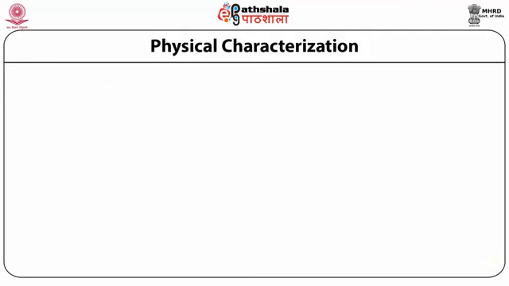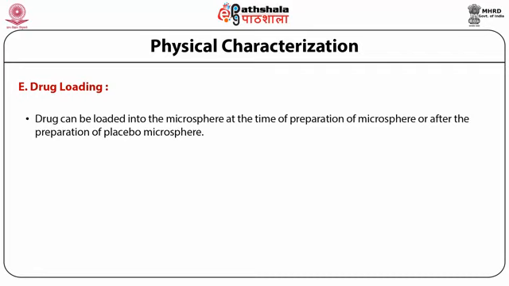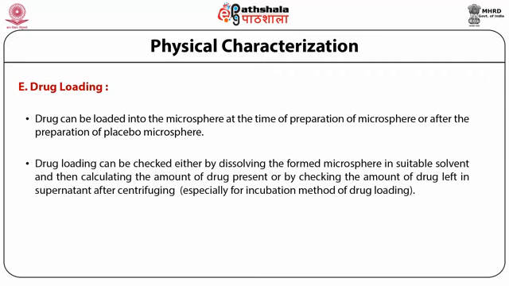The other parameter is drug loading. The drug can be loaded into microsphere at the time of preparation of microsphere or after the preparation of placebo microsphere. Drug loading can be checked either by dissolving the formed microsphere in suitable solvent and then calculating the amount of drug present, or by checking the amount of drug left in supernatant after centrifugation, especially for incubation method of drug loading.